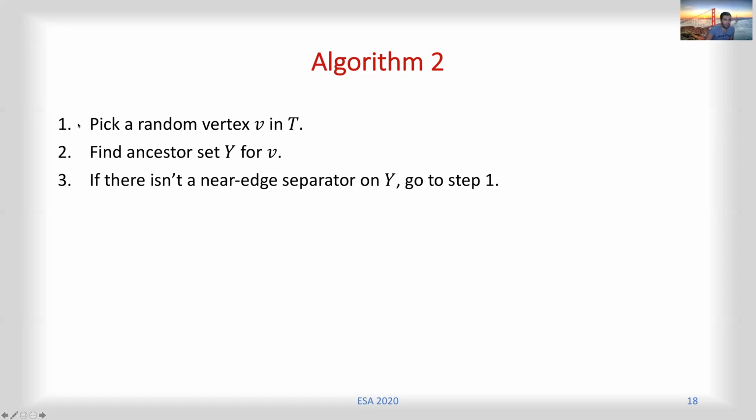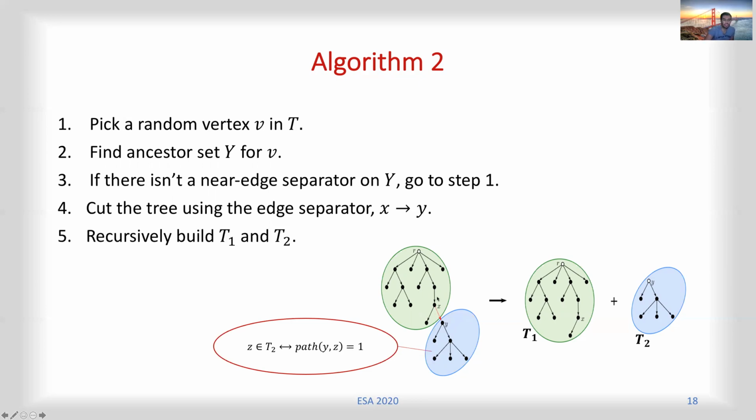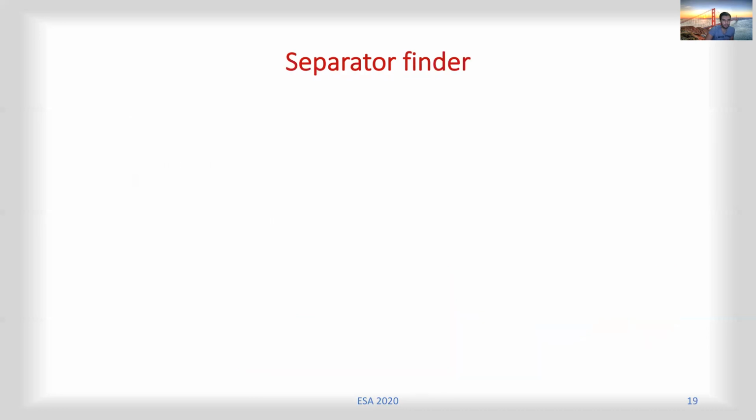If so, we cut the tree using that edge separator, and the fact that a node is in the blue subtree if and only if the path query from the node y to that node is 1. And after cutting into these two trees, we can recursively build the trees T1 and T2 and find all of the edges of the tree.